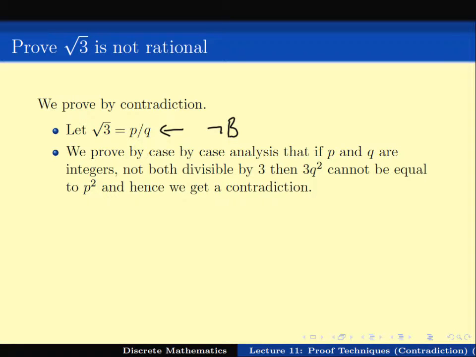And now we have to prove that not B and A is false. And what is A here? A is everything else, all the things that we know of. So if square root 3 is equal to p by q, then do I get some weird statement?